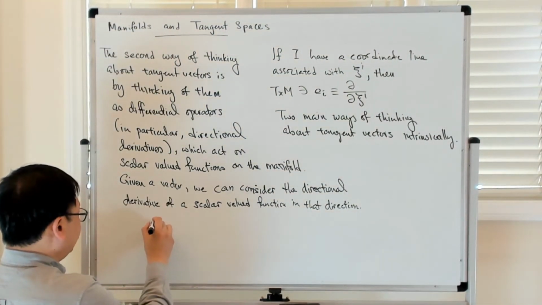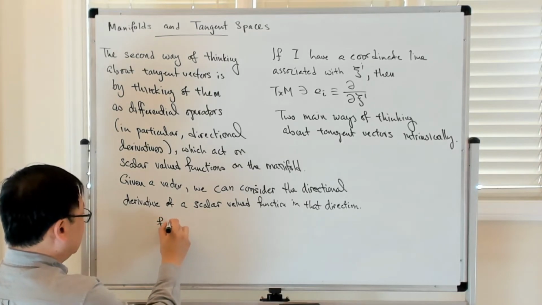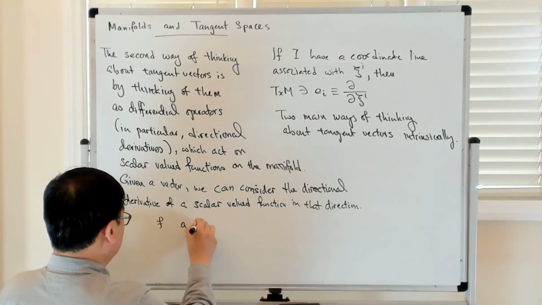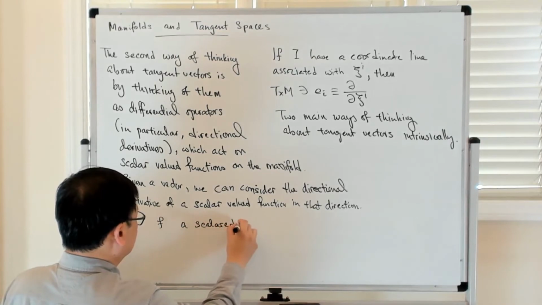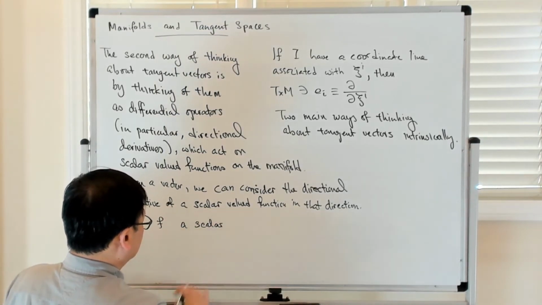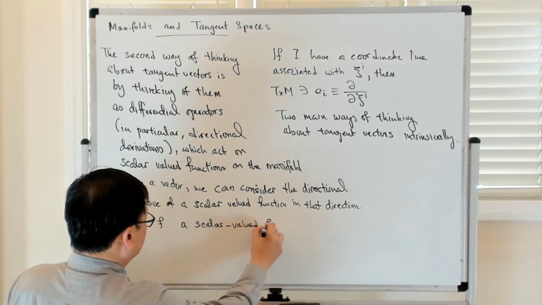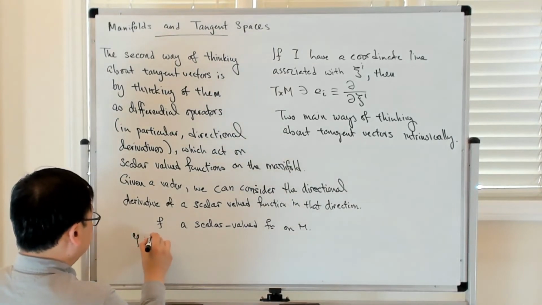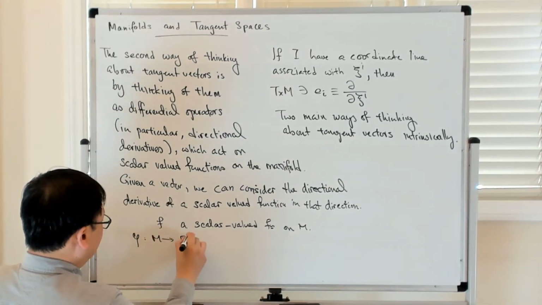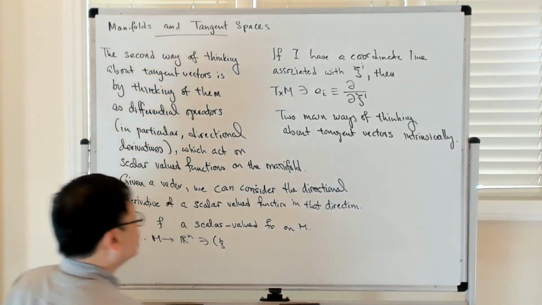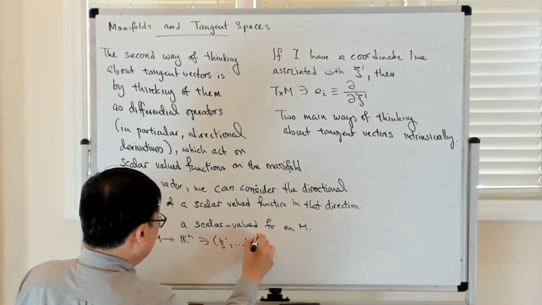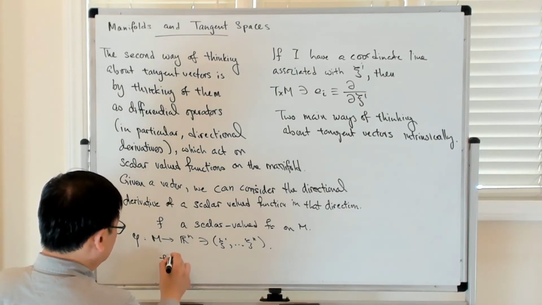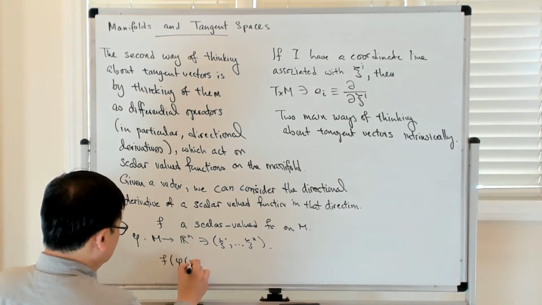So again, if I have some scalar valued function, let's say f, which is a scalar valued function on M, and I have the coordinate map phi, which maps M to Rn, and in particular I have coordinates C1 to Cn, then I can look at f applied to phi applied to a point x.